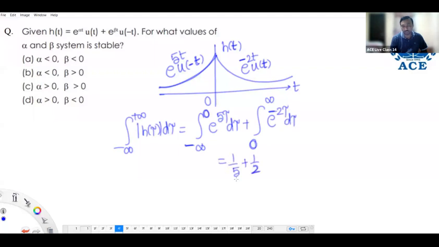First integral is 1 by 5, second integral 1 by 2, finite only. So by comparison, we assumed beta positive, alpha negative. Alpha negative, beta positive, then only the stability is guaranteed.